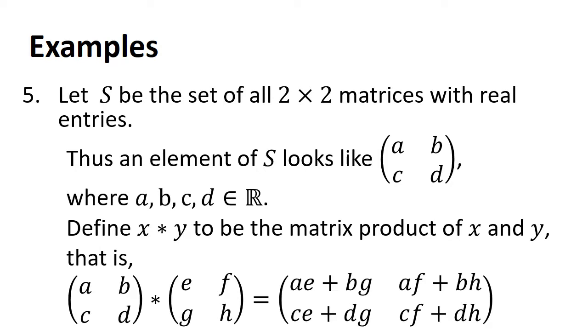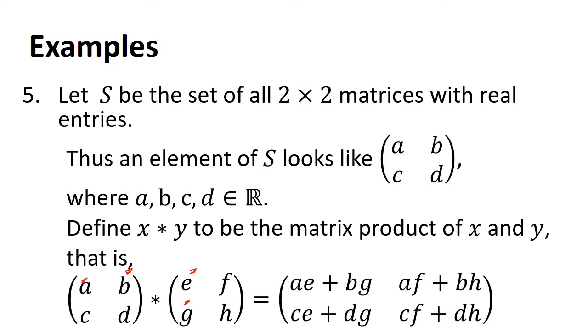For the first entry, row 1, column 1 of the output, we multiply row 1, column 1 times row 1, column 1 of the second matrix, plus row 1, column 2 times row 2, column 1.